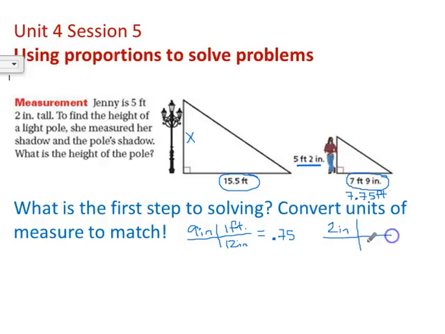There's 12 inches in 1 foot, so we would take 2 and divide it by 12, and I'm going to need to round. 2 inches is 0.17 feet. So I'm going to rewrite that as 5.17 feet.